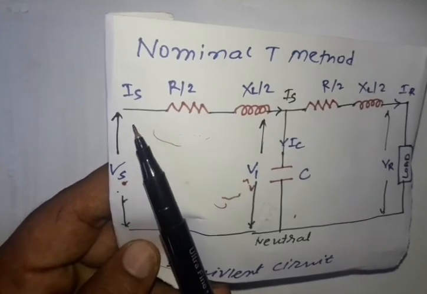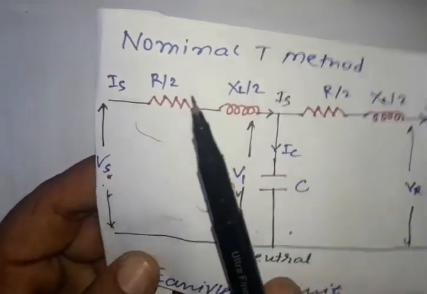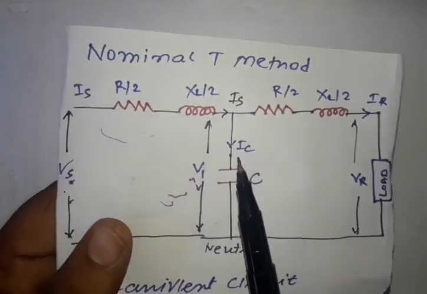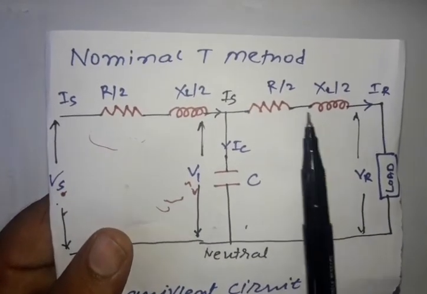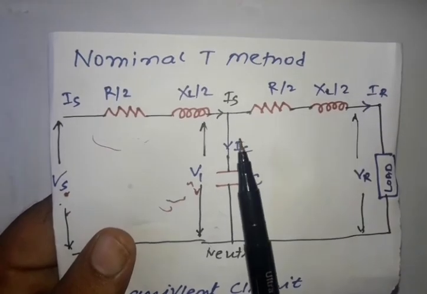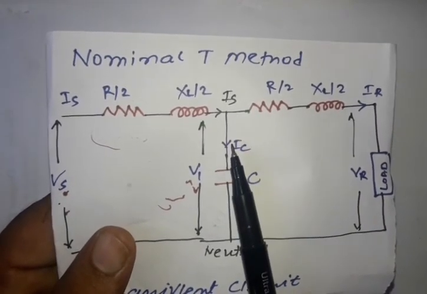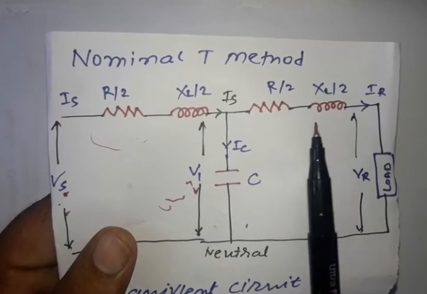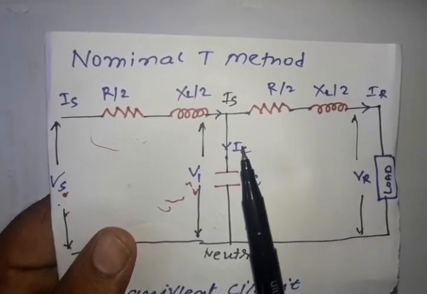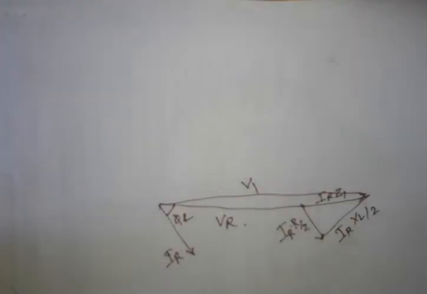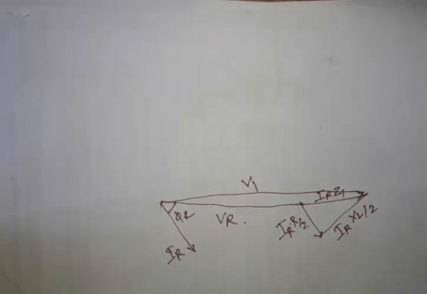We see in the figure that Is is divided into two parts, IC and IR. So we draw lines for IC and IR, and the resultant of both gives the current Is. In the phasor diagram, here is the current IR.